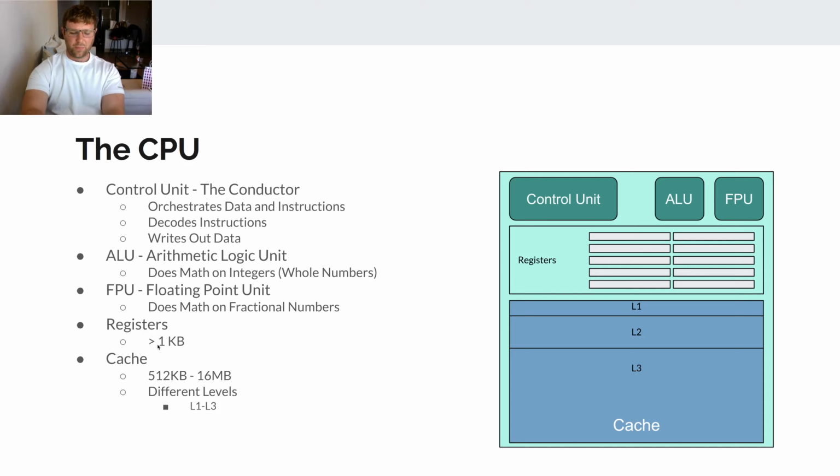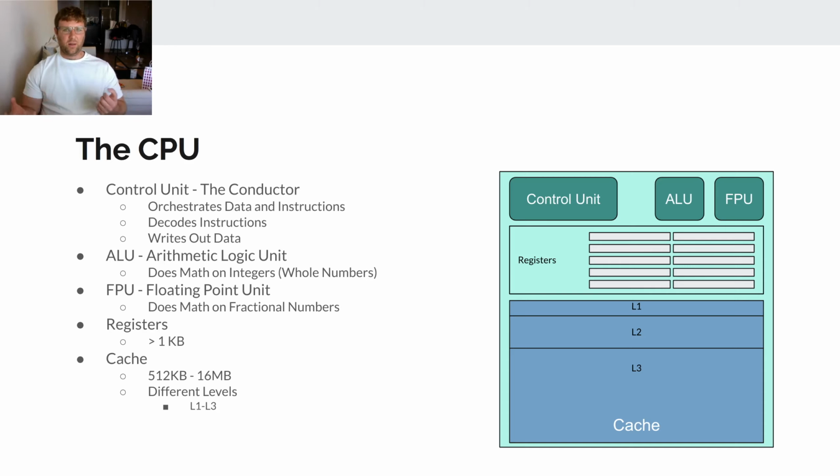So the control unit can really only move things around and can only process things that are in registers. For example, if we want to add two numbers together, it can't add two numbers from the cache, which we'll talk about. It can't add two numbers from RAM.